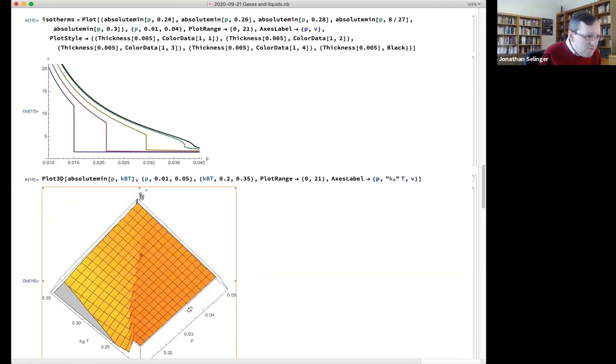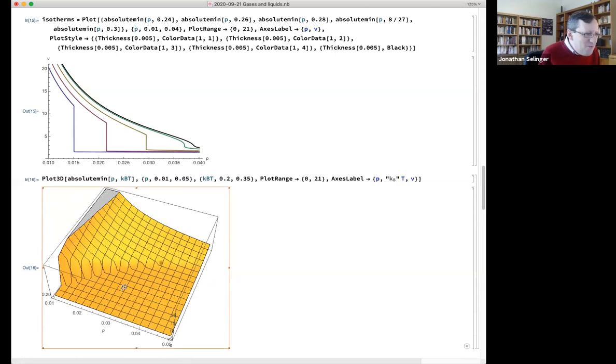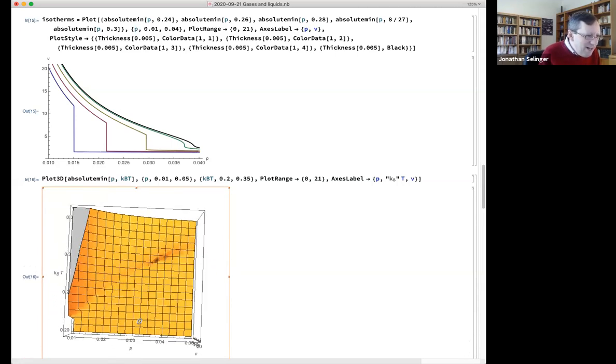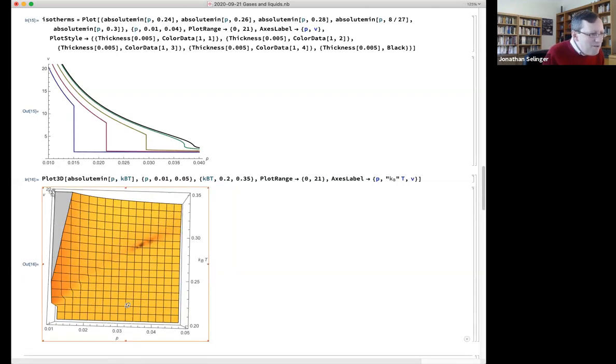Let me see if I can wrestle this plot into the right orientation. Sort of like this. It's not perfect, but sort of good.